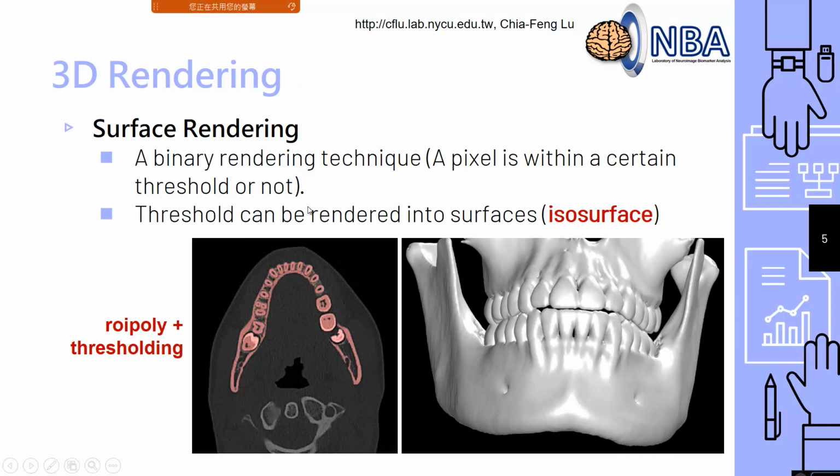And in MATLAB, we can actually reconstruct this kind of surface pretty easily. There is a very good built-in function named isosurface. You can see the red labeling right here, this one, isosurface. So you can easily use this function to reconstruct the surface from the medical images. This is something you will learn later, okay?